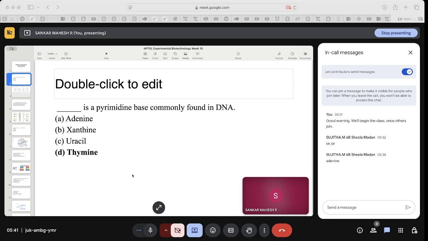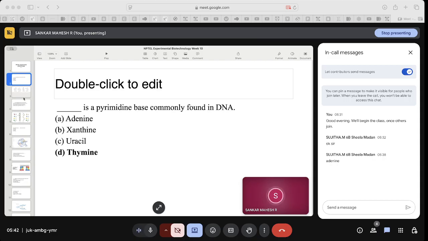And other than this, do you know what xanthine is? No, no. So xanthine is also similar to your purine.